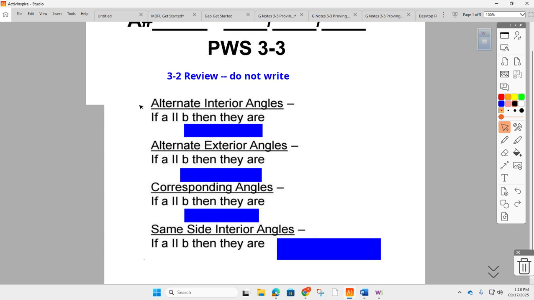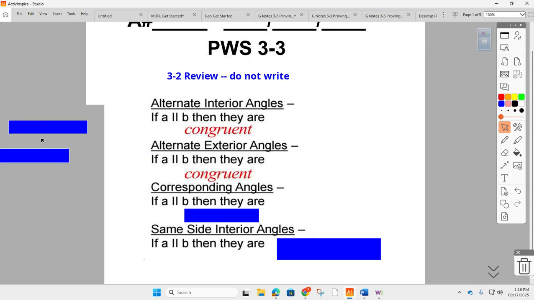So what we learned, the postulate, was when two lines are parallel and crossed by a transversal, then there's going to be a special relationship between these 5 angle pairs, right? If the lines are parallel, then alternate interior angles are congruent. We know if the lines are parallel, then alternate exterior angles are congruent.